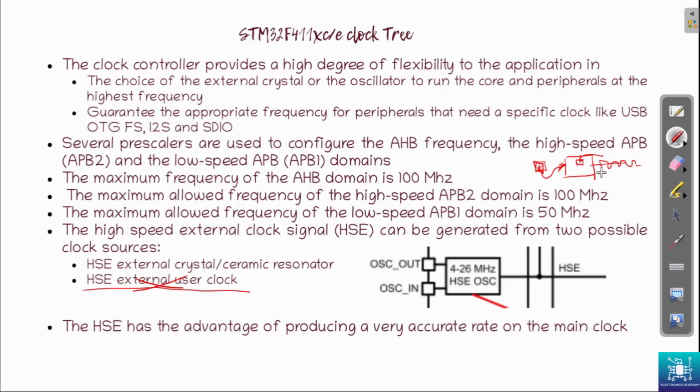But then we have to pass it through a lot of hoops so that frequency is actually multiplied up to what our requirement is, because the external crystal frequency is very low. Though it is extremely accurate, it is extremely low. So our external crystal frequency is only 8 megahertz. Now from this 8 megahertz, we have to bump it up to 84 megahertz in our case.